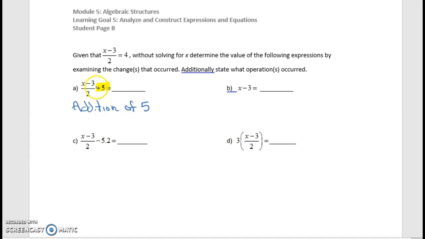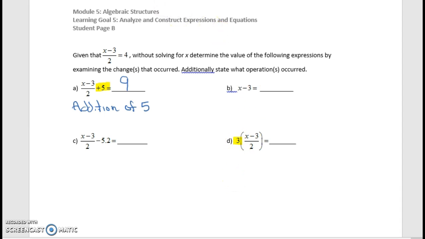So if we add 5, the change that was done between the original and the new in part A was an addition of 5. Now we know that this expression will be worth 5 more than what it was up here, so this would now be worth 9. Likewise, if we look at this one over here, letter D, we notice the difference from the original is this multiplication of 3.